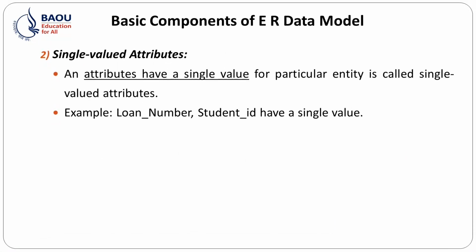Now next one is single value attributes and multi-value attributes. A single value attribute means an attribute has a single value for a particular entity.